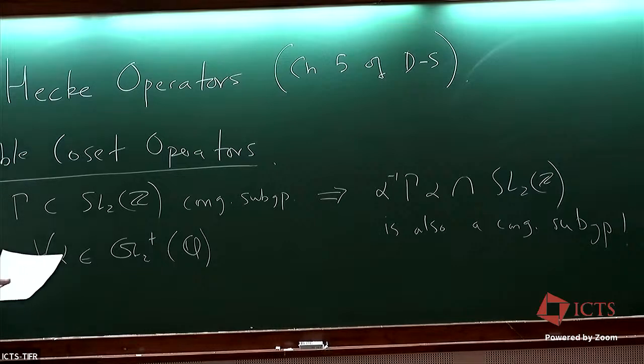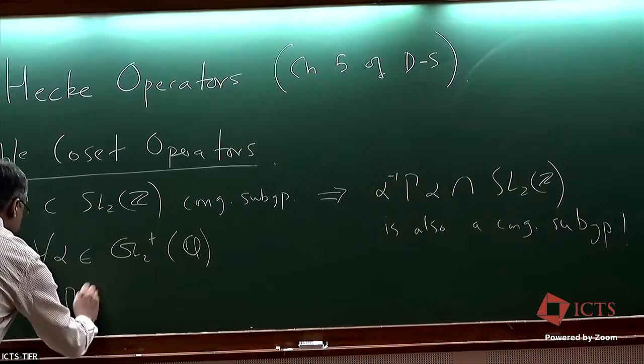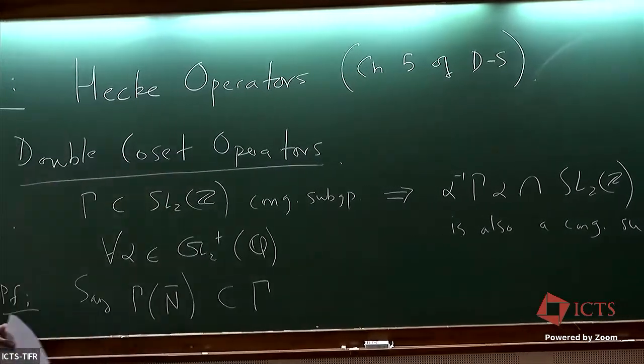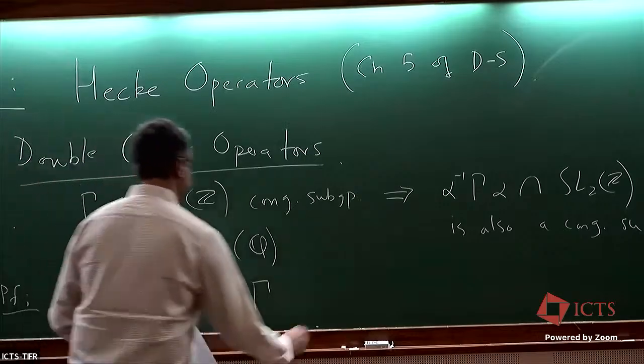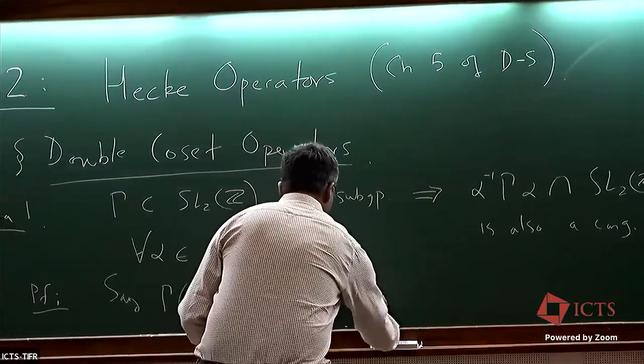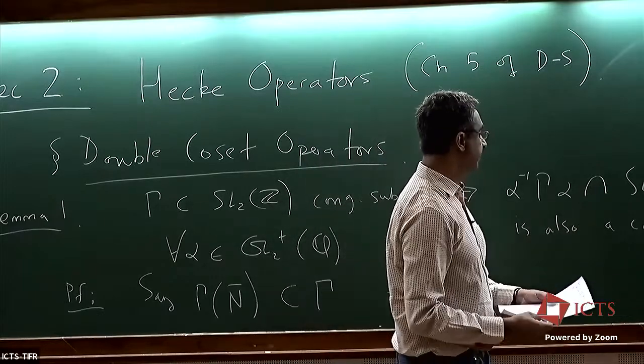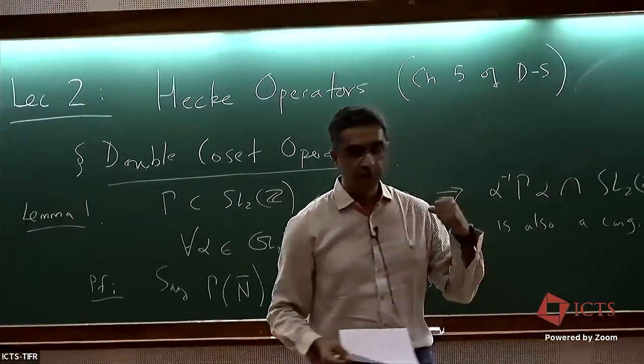Okay, simple statement. So, proof. I'll do some proofs today, more proofs than last time. Since gamma is a congruence subgroup, we know that there's some N bar. We want to show this is a congruence subgroup. We want to show some gamma N is sitting in here. The obvious one doesn't work.